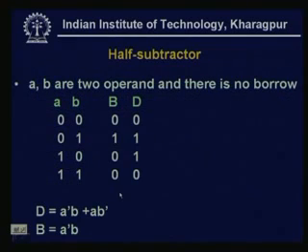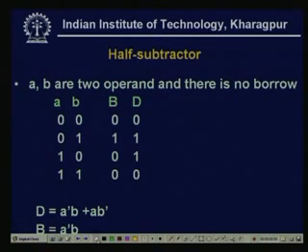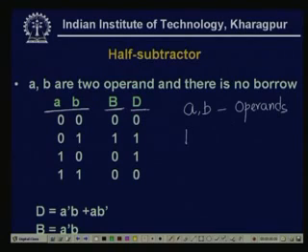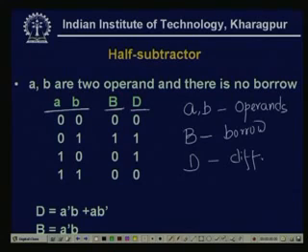So, what we have just read, if I write in the truth table form: A and B are the 2 operands, B is the borrow and D is the difference that we want to compute.